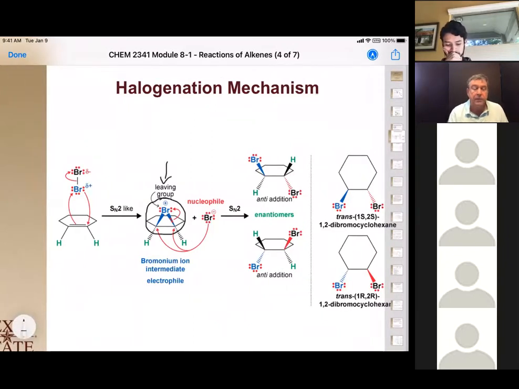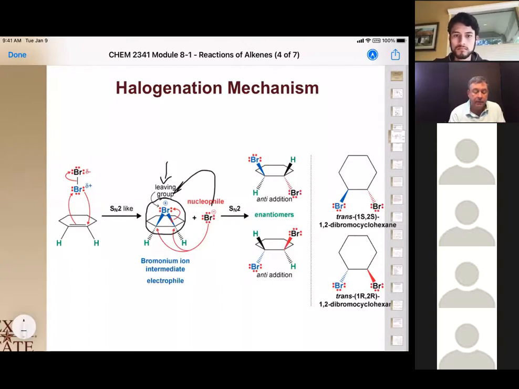And notice there's a positive charge on bromine here, okay? So we have that positive charge on bromine. Now, if the nucleophile came and attacked this bromine and went backwards, we'd have starting materials. So it could happen, but we would never see it. We would never see it happen.